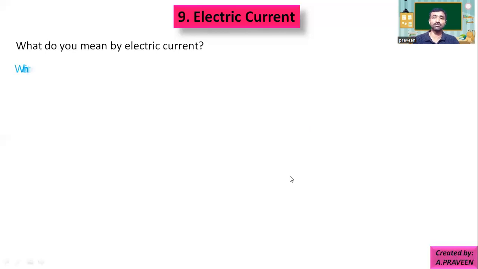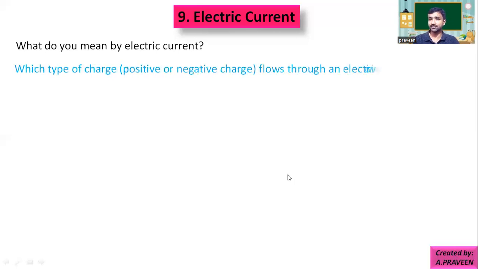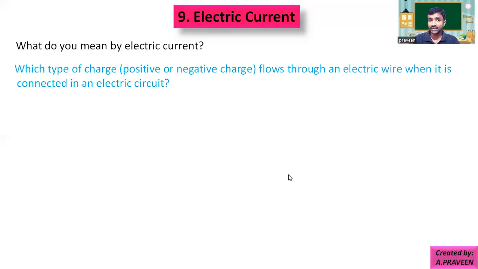The next one more. Here, which type of charge? Either positive or negative. So which type of charge flows through an electric wire when it is connected in an electric circuit? Do you know what type of charge may pass through the conducting wire?